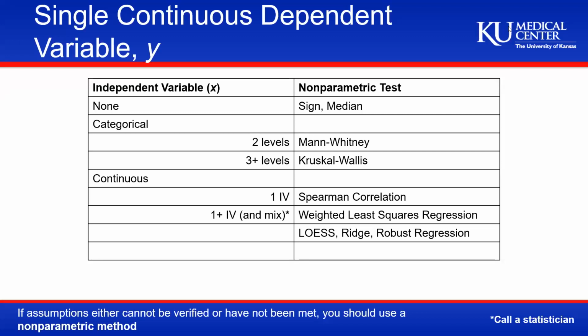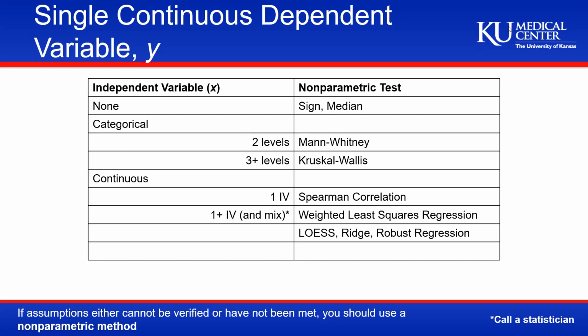So in that case, small samples where it's hard to verify the assumptions of normality, equal variance, linearity, whatever, or if you have a large sample but the assumptions obviously are not valid. Maybe you have unequal variances in your groups. Maybe you have that cone shape in your scatter plot where it looks like variation in y is increasing as x is increasing.